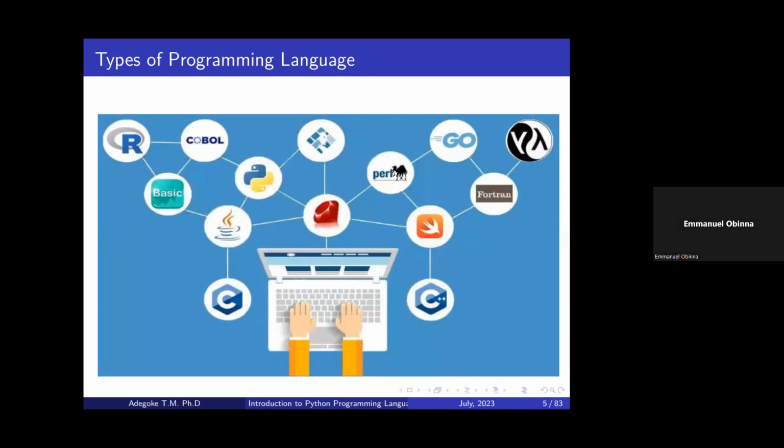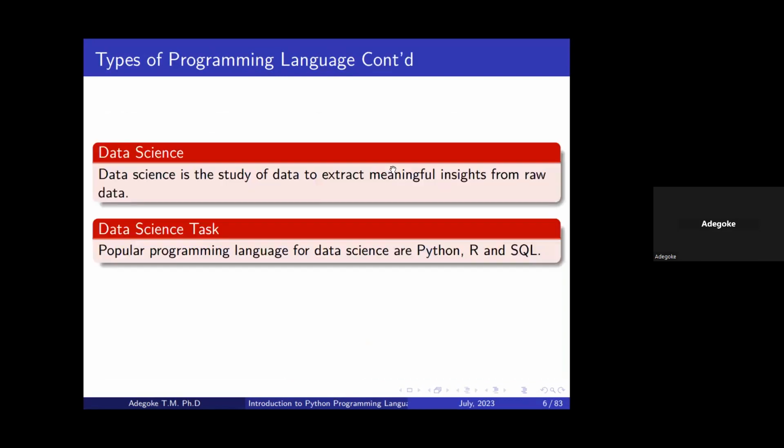But we are going to focus on the Python programming language, and the essence of this study is actually to groom us to be able to draw insight from data. There is a lot of information that is kept inside the data set.